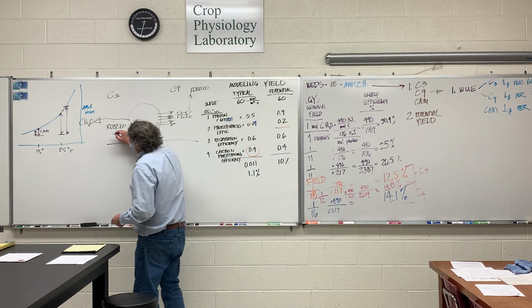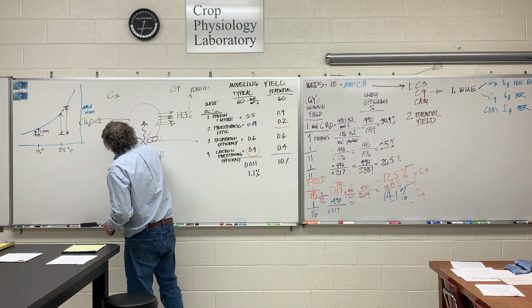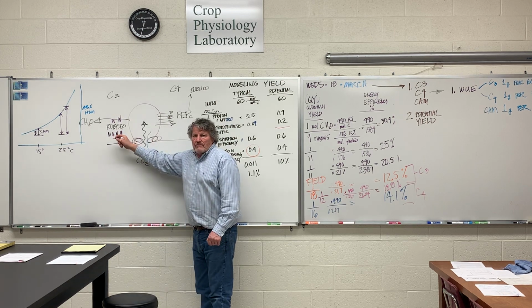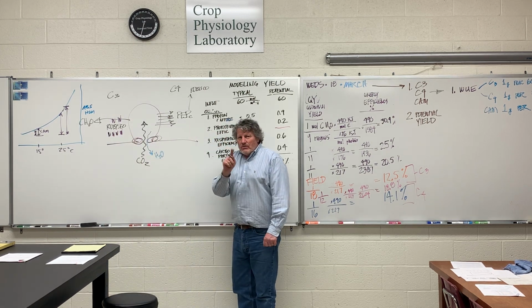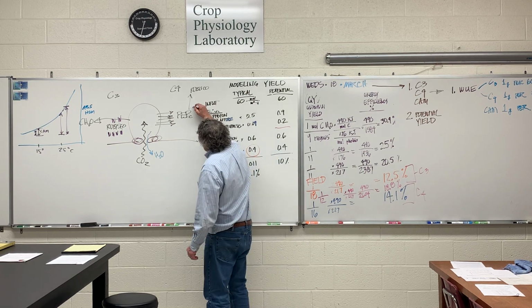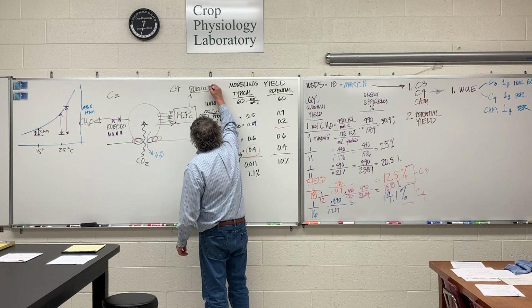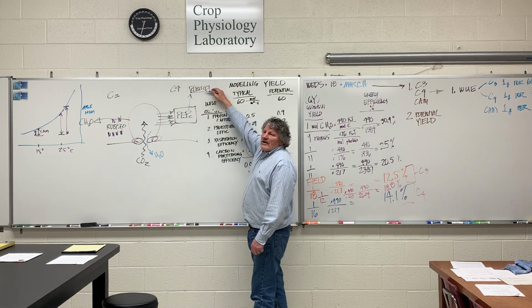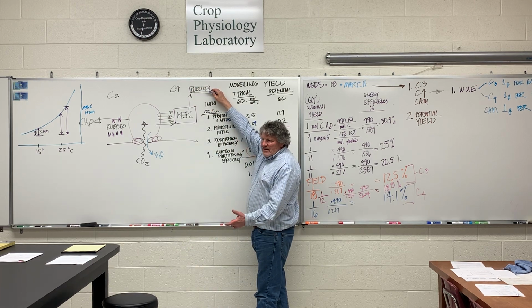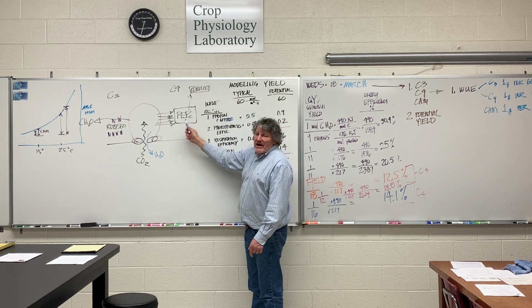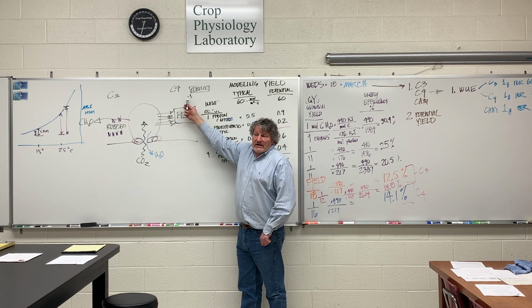Turns out that's wrong. Here's why it's wrong. If we put N over here, this is a ton of nitrogen. In C4 plants, the PEP is big and the Rubisco is small. C4 plants don't need that much Rubisco to operate because they're being spoon-fed by PEP carboxylase.